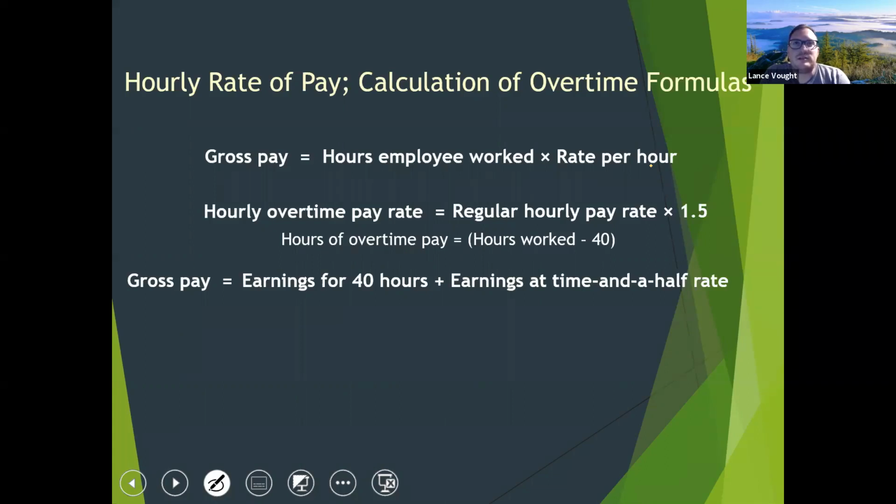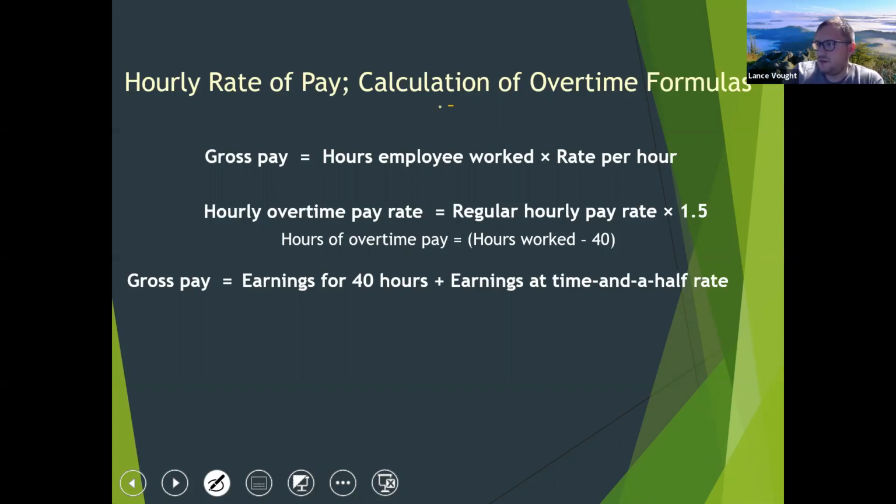The gross pay is the sum of those two things. So when you're getting paid $10 an hour and you work 50 hours, you get 10 times 40, which is 400, plus 10 times 1.5 times 10, which is 150. Your gross pay in that example would be $550.